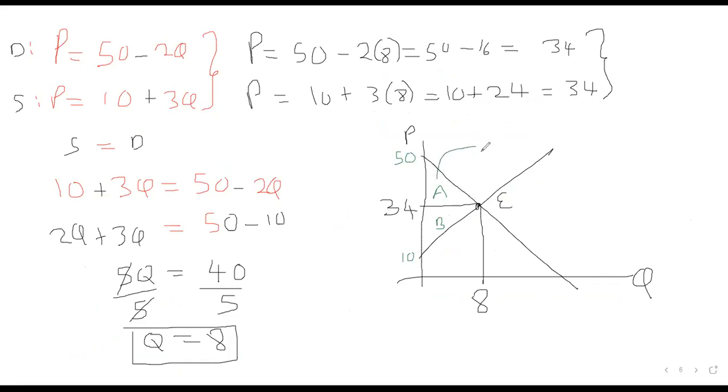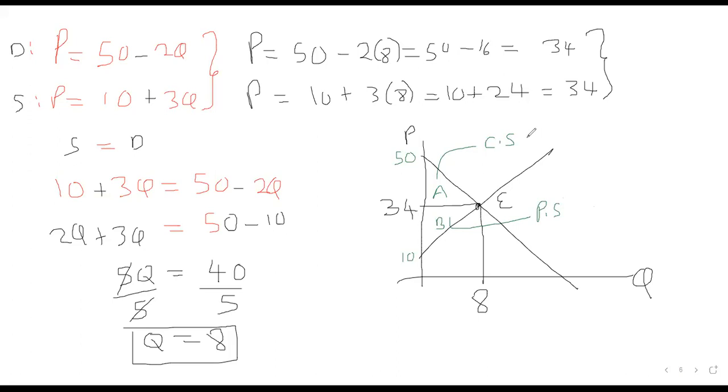A is consumer surplus. And B? Producer surplus, isn't it?